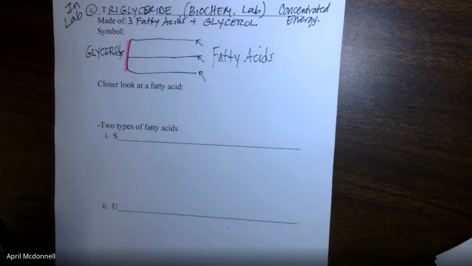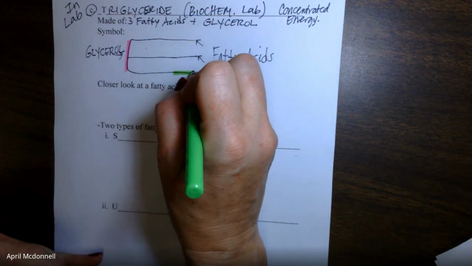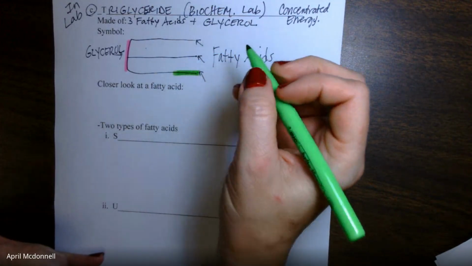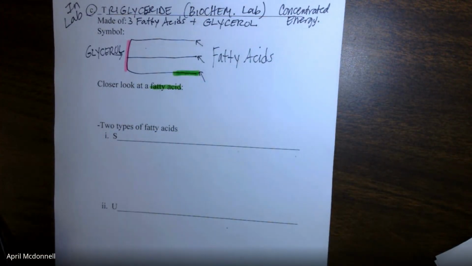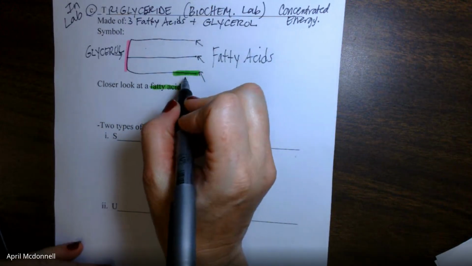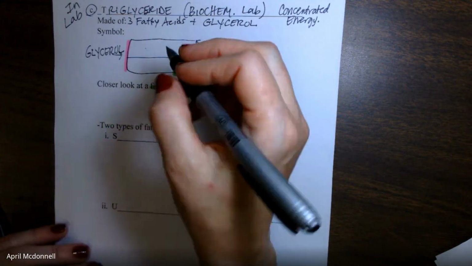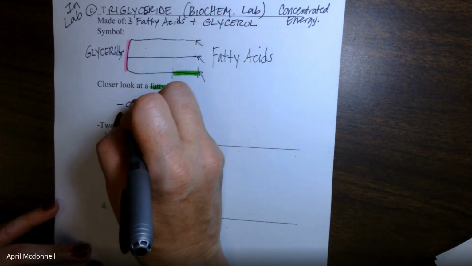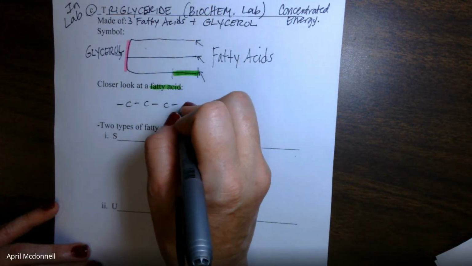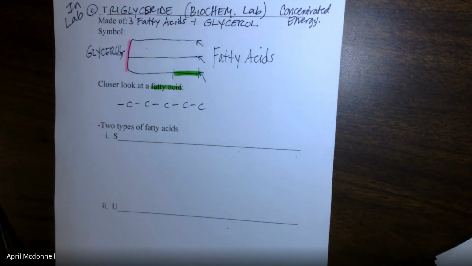Let's take a portion of the fatty acid tail. So let's just draw one fatty acid tail in a little bit more detail down here. We're going to take a segment of that fatty acid tail that I highlighted with the green highlighter, and we're going to draw that portion of the fatty acid tail down here. Fatty acid tails look like carbon chains. Remember, we talked about that on the first page.